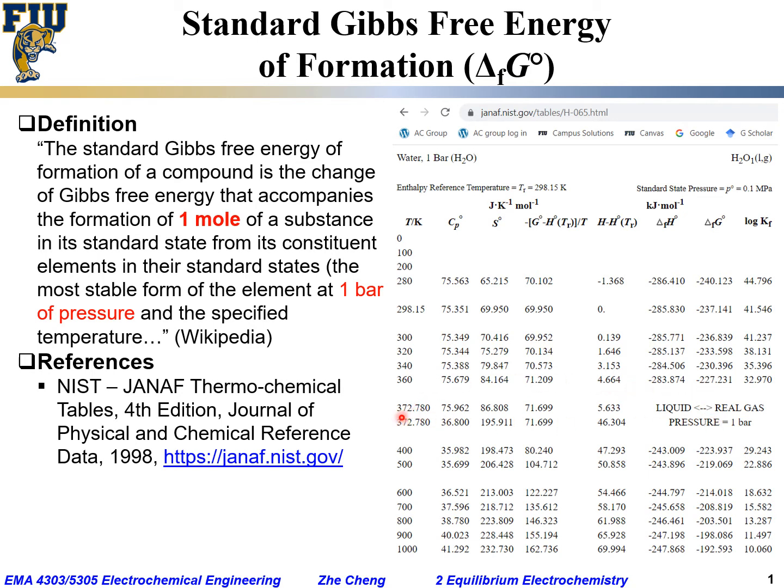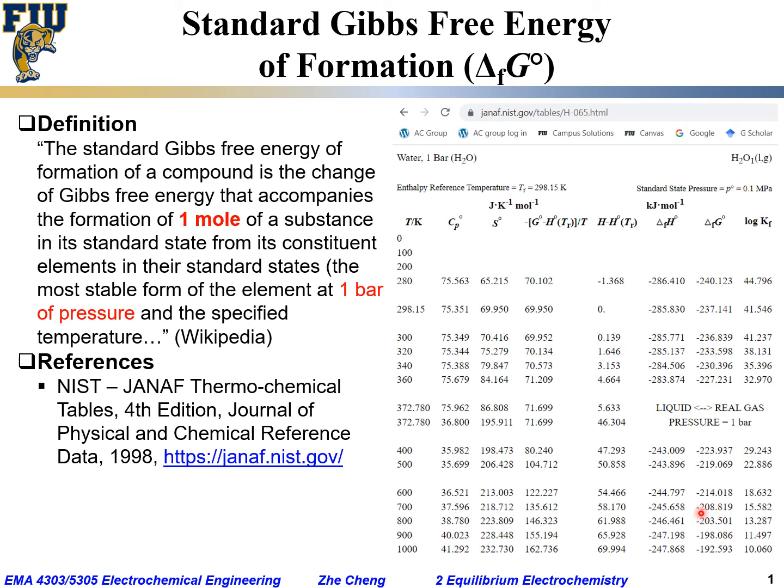Close to 100 degrees C is the phase change from liquid to gas. Above around 373 Kelvin, we are in the gas state, but below it, it's in the liquid state. So the standard state Gibbs free energy of formation values are listed here.